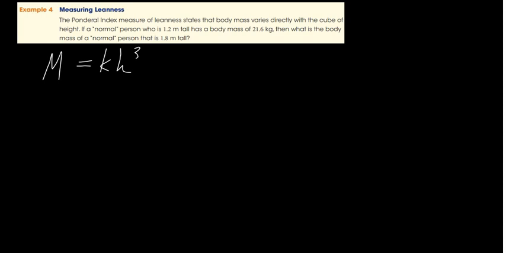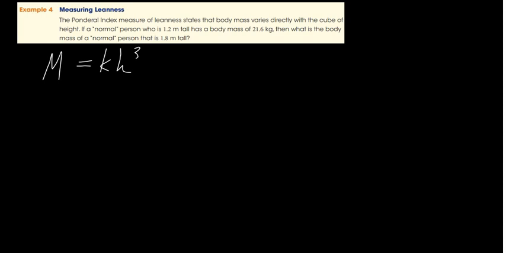Alrighty. Now I have to figure out what that proportionality constant is. So on to the next sentence. The next sentence reads, if a normal person who is 1.2 meters tall has a body mass of 21.6 kilograms, okay, so this tells me what I need to know to figure out what k is.